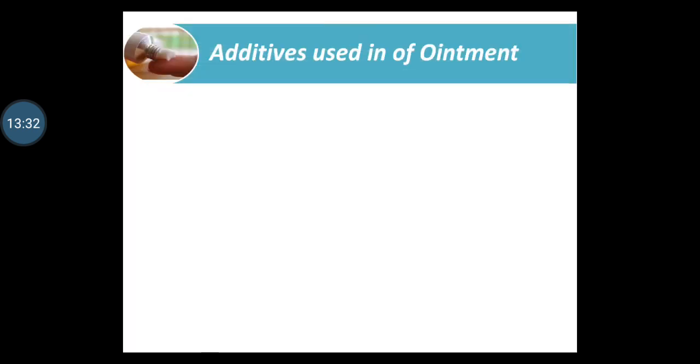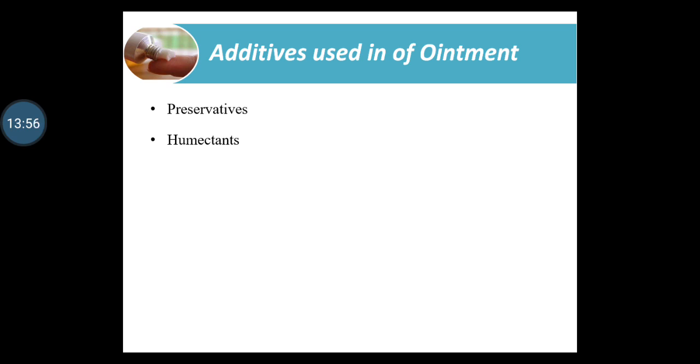Then let us discuss the different additives which are added in the ointment. First are preservatives. Preservatives like methylparaben and propylparaben are used to preserve the ointment. Humectants are also added. These are the agents which prevent the loss of moisture from the product.